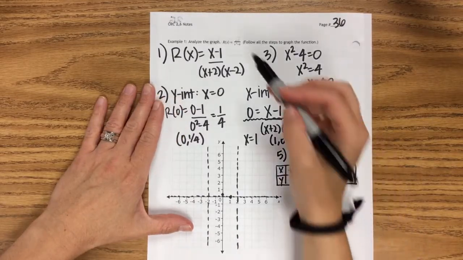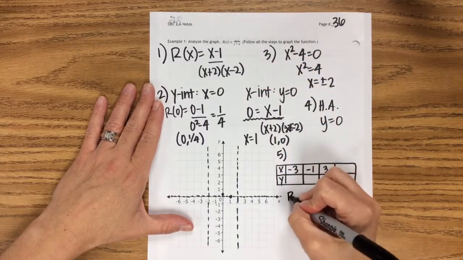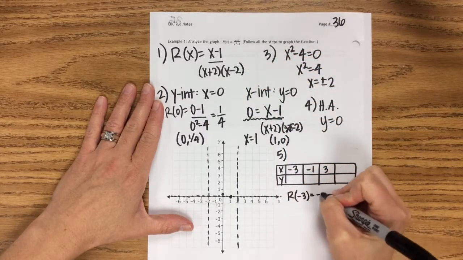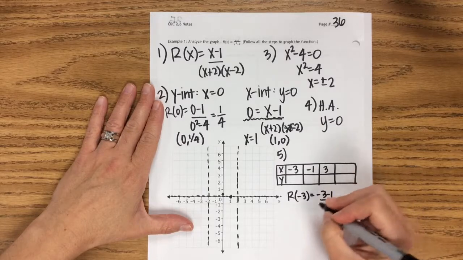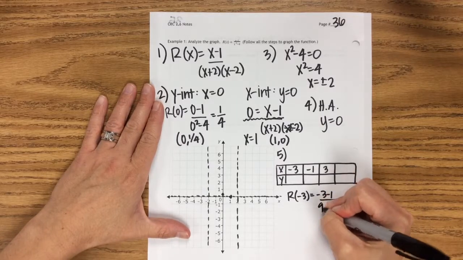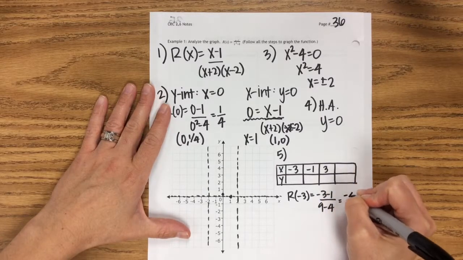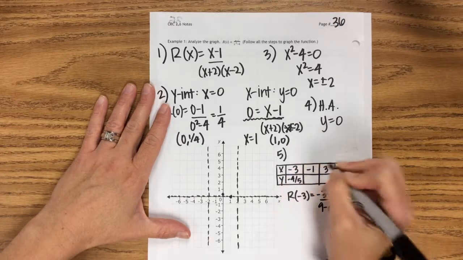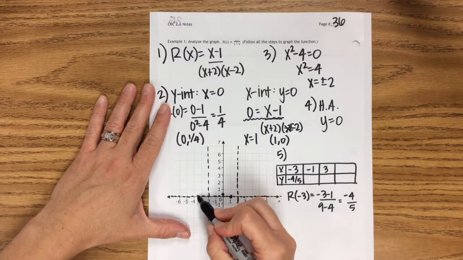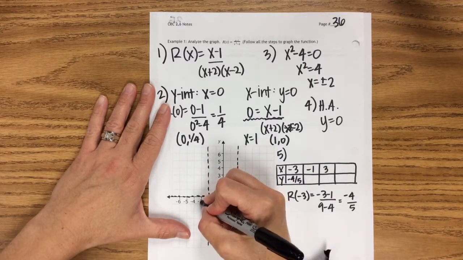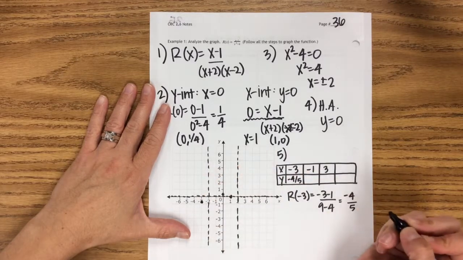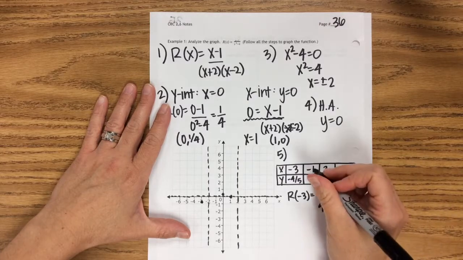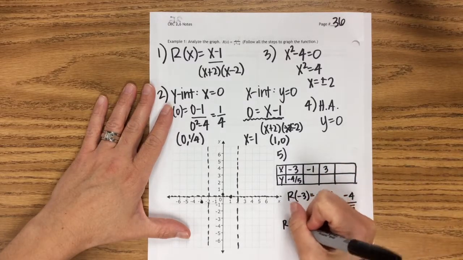So what you do is you plug negative 3 in for x, so it'd be r of negative 3 equals negative 3 minus 1. Negative 3 squared is 9, so 9 minus 4, so it looks like it would be negative 4 over 5. So that's an ordered pair over negative 3, down 4/5. There's a point there. Now I'll plug in negative 1.